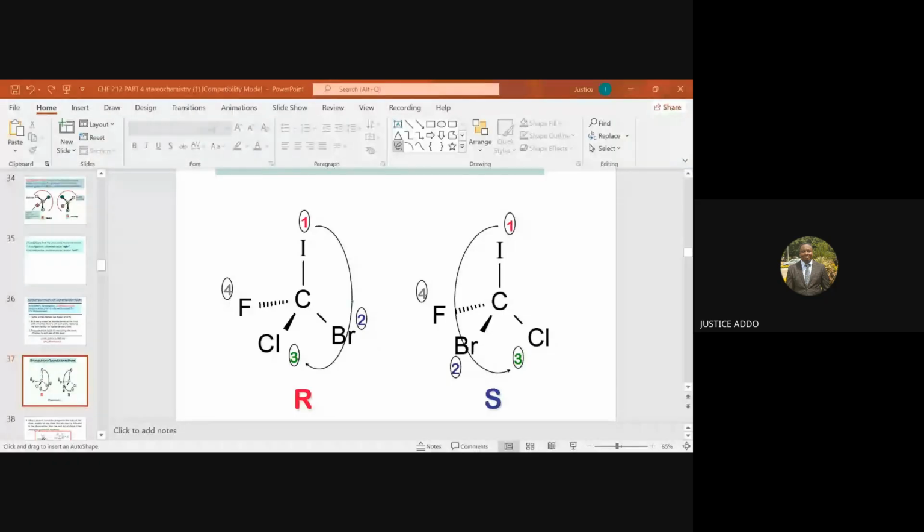So let me try and see if I can write. So you see, I have brought the fluorine where the chlorine is. Is that right? So let's assume that fluorine takes the position, and then I try to bring the chlorine here.